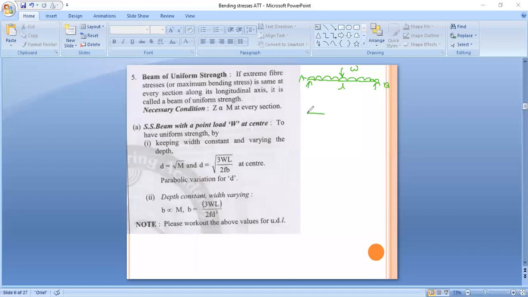Now we have to draw the bending moment diagram for this. So the bending moment diagram is circular, and now you tell me, for this particular figure, what is the maximum bending moment? If a uniformly distributed load is applied, for that particular condition the maximum bending moment is equal to... Yes, please, anyone.